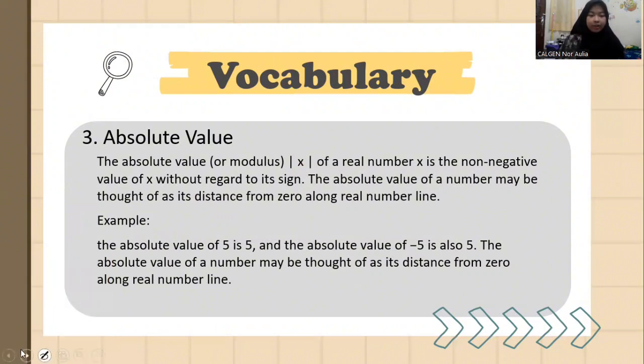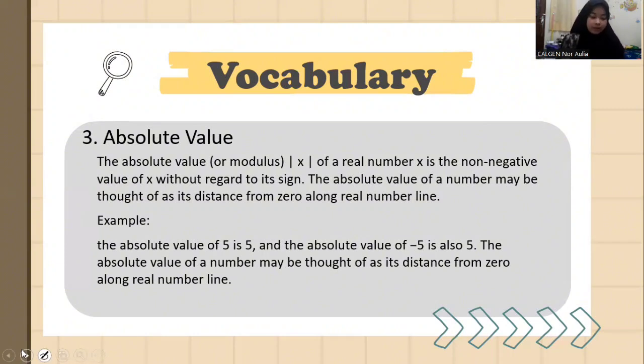The definition of absolute value or modulus of a real number x is the non-negative value of x without regard to its sign. The absolute value of a number may be thought of as its distance from 0 along the real number line.